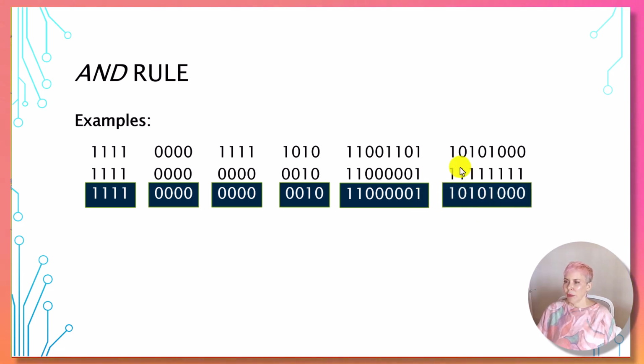Let's take a look at one more. Notice here, all of the ones are on in this second value. That means a 1 and a 1 is a 1, a 0 and a 1 is a 0. Because all of the ones are on, this number is going to be exactly the same. And this is what we're going to start looking at with the subnet mask.